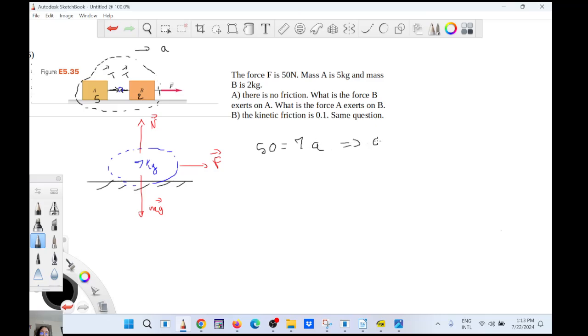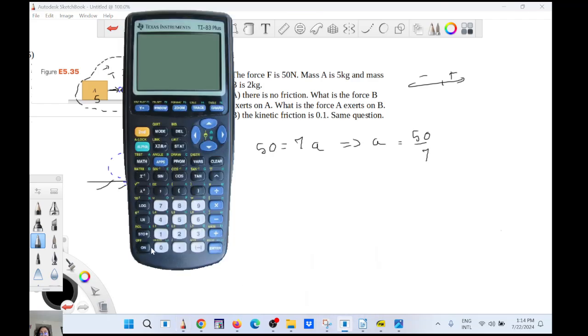So the force equals the mass, 7, times the acceleration. So the acceleration will be 50 divided by 7, which is about 7 something. 7 times 7 is 49.